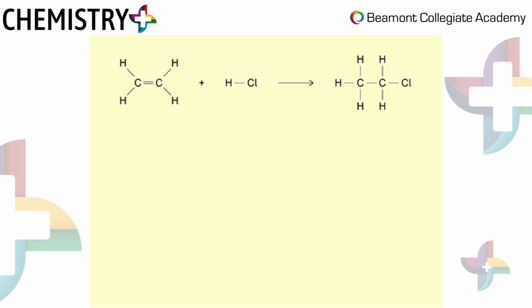So let's take a look at the equation. First thing to do is to count the number of bonds. Okay, we'll start with the breaking side first. So let's split this into two sides. Breaking and making.